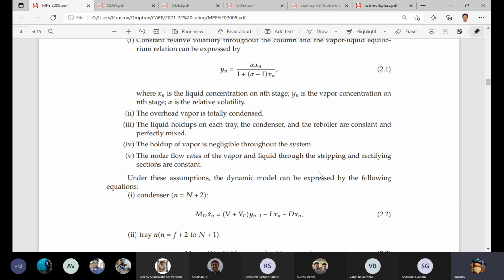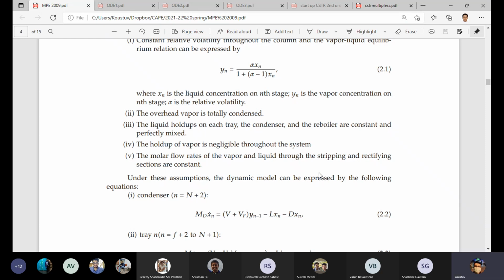But that will lead to more variables and create more complexity. So by assuming constant hold-up of liquid on each tray, we do not lose any information. That's why these assumptions are considered.